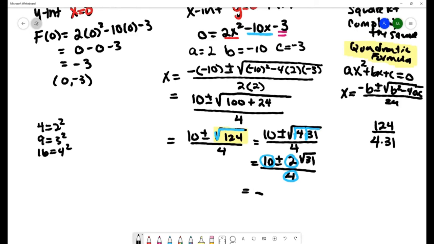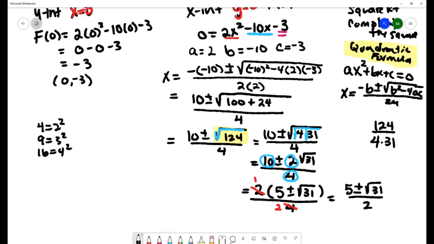So let's factor a 2 out of the numerator. That would leave 5 plus or minus square root of 31 over 4. And then we're going to be able to cancel a common 2 out. So this is 1 and 2. And we get our answer of 5 plus or minus square root of 31 over 2.